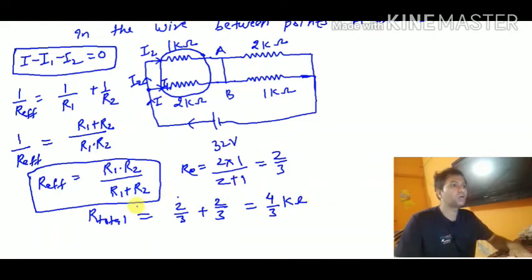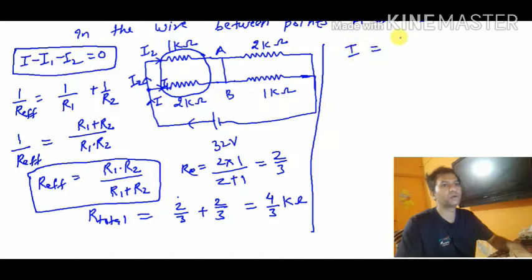Now how much current will flow through this circuit? I am writing here: I is equal to, from Ohm's law, V by R. V is your 32 volt and R is 4 by 3 kilo ohm. Kilo ohm means 10 raised to 3, so this will go up, 10 raised to minus 3, and this 3 will go up.